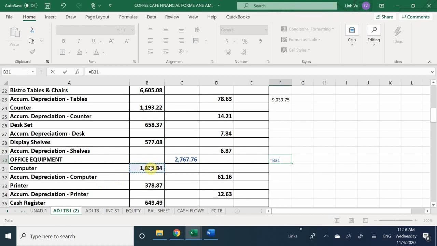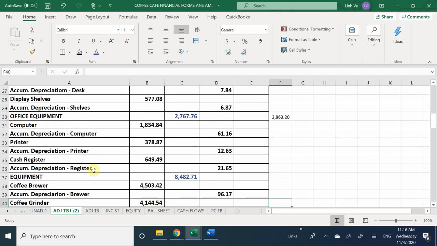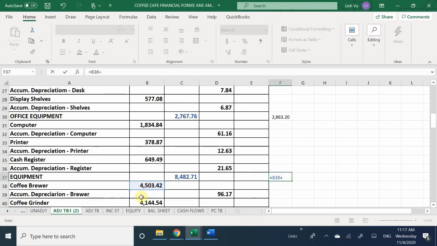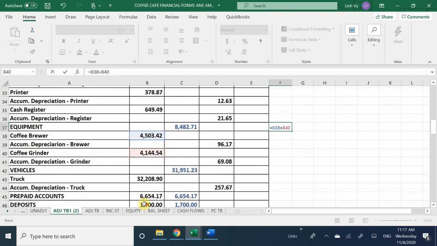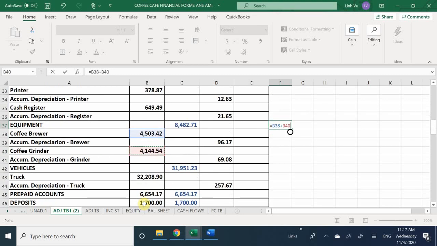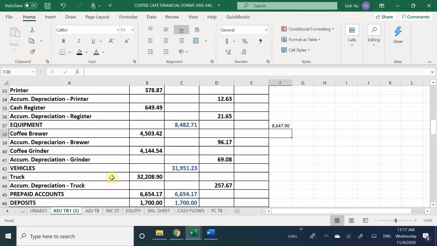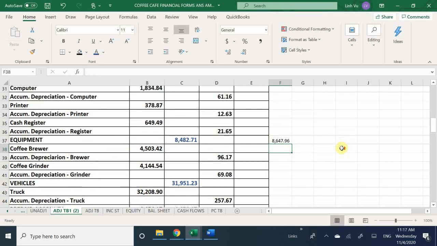So I'm just going to add this plus my register together to get me a grand total of $2,863. And I'm going to do that for my equipment just so then I don't have to go back and forth. So I have my coffee brewers and my coffee grinders. And then, of course, my vehicles, I already have it in grand total, so I don't need to do anything there.